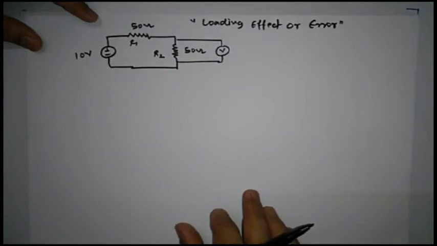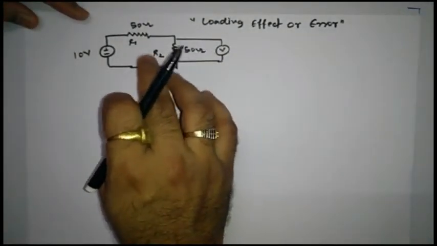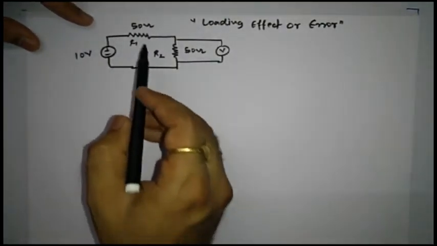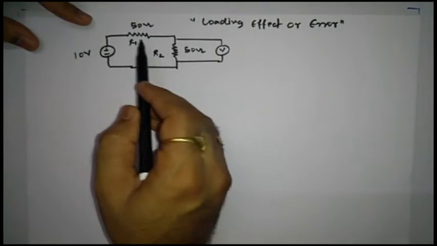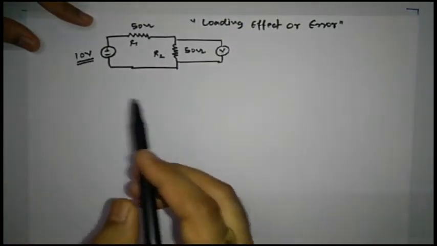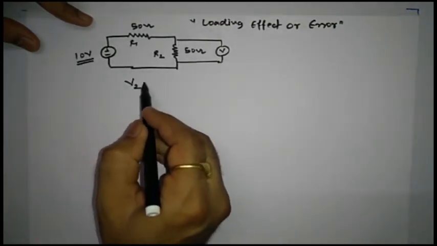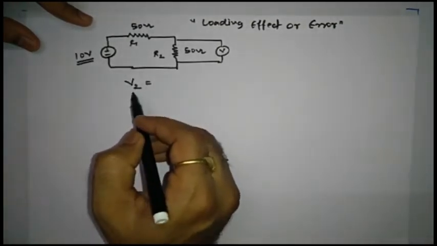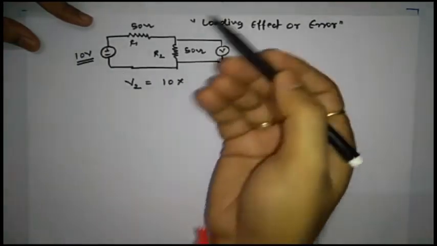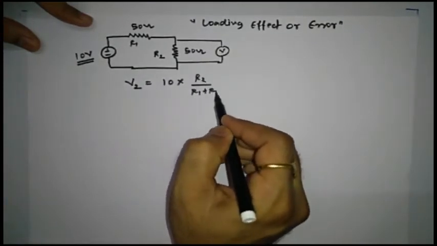Now first of all we will calculate the actual value across this resistor R2 by analytical process. So how to calculate that? Because we know that these two resistors are connected in series, and to this series combination we applied 10 volt as an input. So if you apply voltage division formula, we can write voltage across resistor R2 indicated by symbol V2 is nothing but total voltage 10 multiplied by same by sum. So it is going to be R2 divided by R1 plus R2.